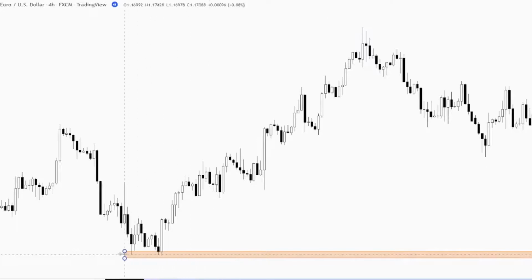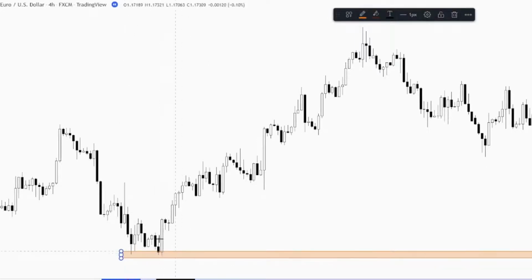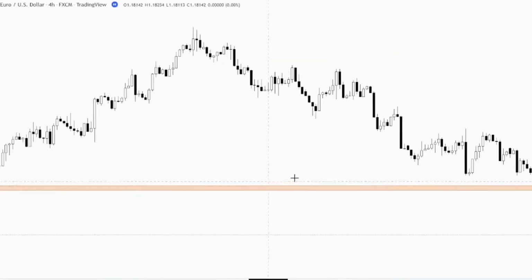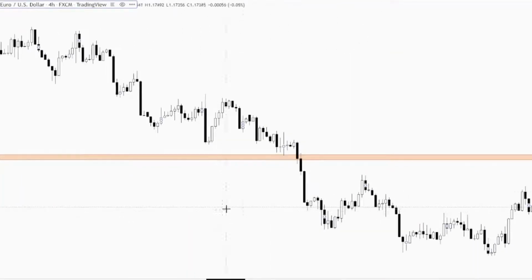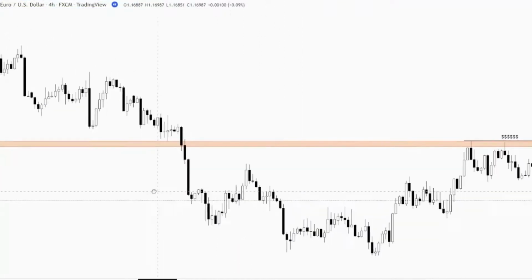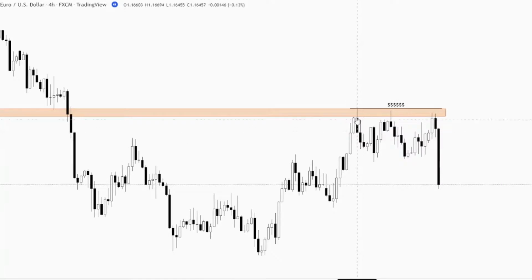Perfect. You can see that this zone was once respected as support before, and it supported the market all the way there, and you can see this is the same zone that was respected here, finally broken here, and it is now creating this area of support here, of resistance here, right?